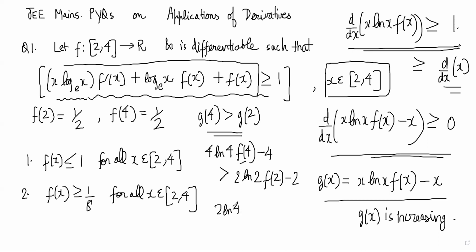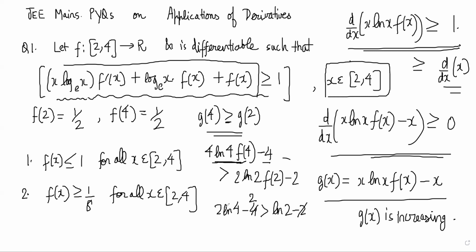So maybe this will give a true statement, but let's see what comes. You're getting 2 ln 4 minus 4 is greater than ln 2 minus 2. So, okay, this doesn't help us much. Greater than or equal to, by the way, because I think we are getting an identity.